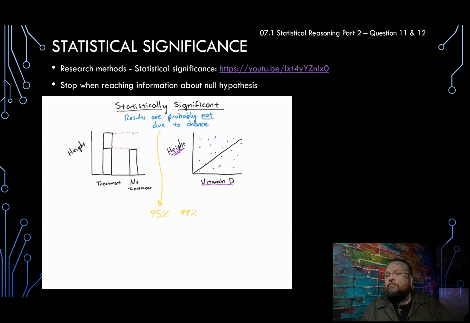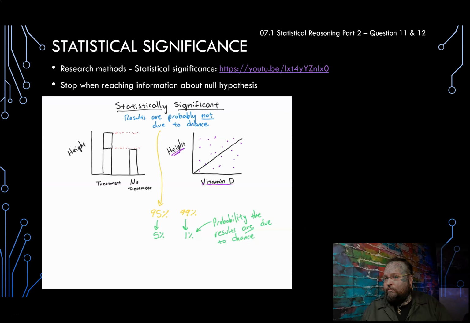So instead of talking about a 95% probability that the results are not due to chance, we might talk about a 5% probability or a 1% probability. In this case, this is the flip side. This is the probability that the results are due to chance.